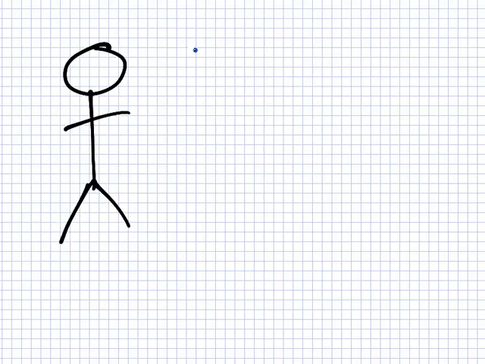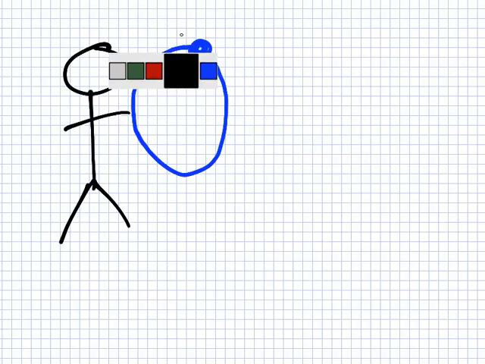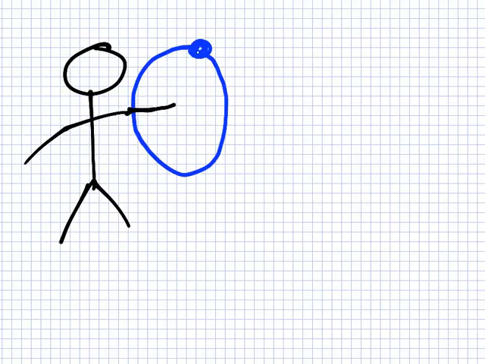Right, so what you have is the boy is swinging around in a vertical circle. I'll just put his hand in here, and then here's the rope, the string, and let's say it's going around like this, spinning it around.